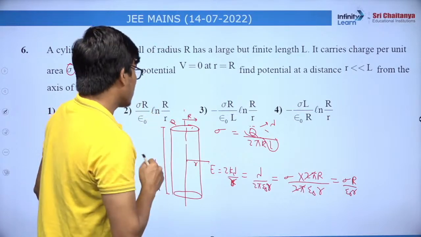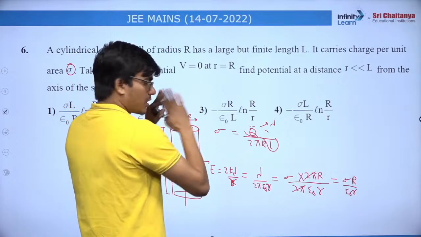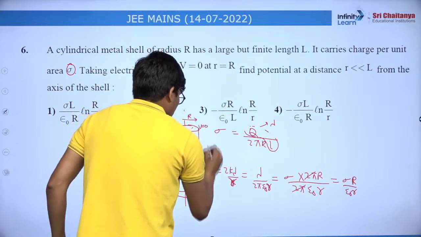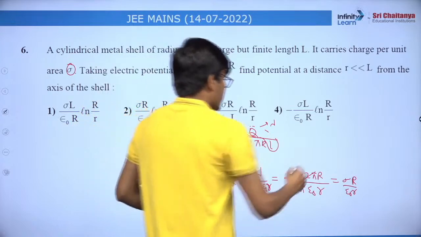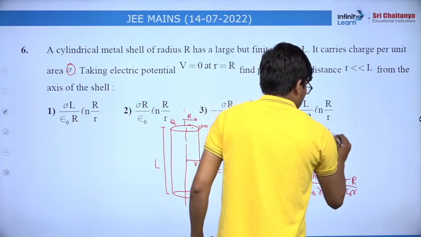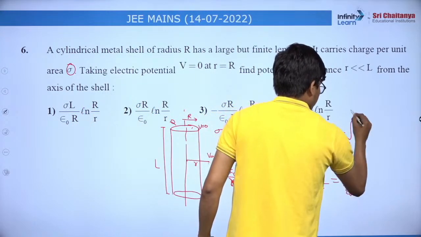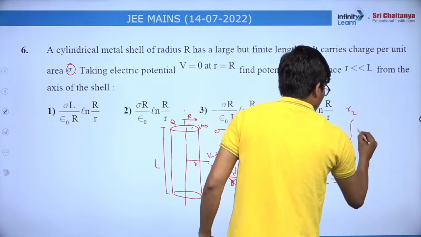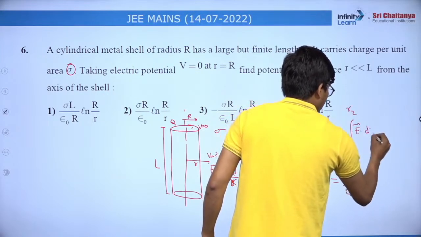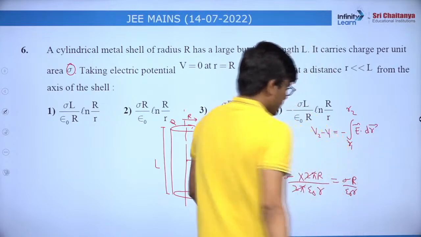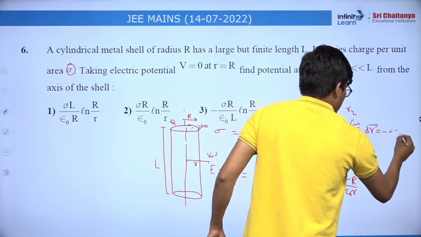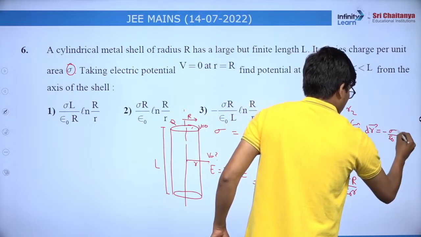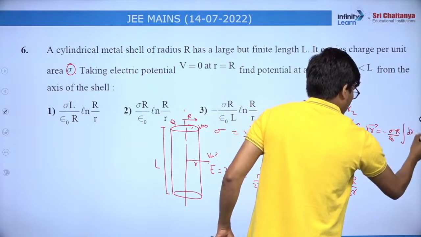Now what is given in the question is that on this curved surface the potential is 0. What will be the potential at this point? No worries. The potential difference is given by the integral from R1 to R2 of E dot dr. The angle between them is 0 degrees, so minus sigma R by epsilon naught, dr upon r.